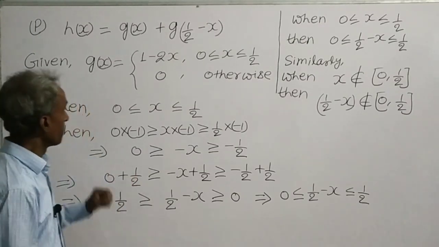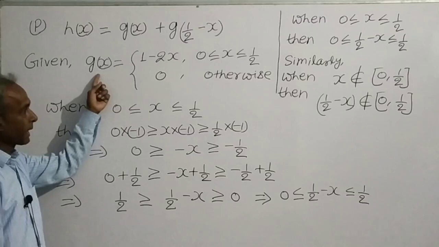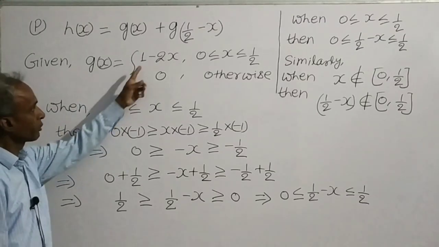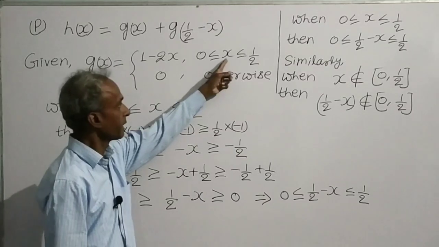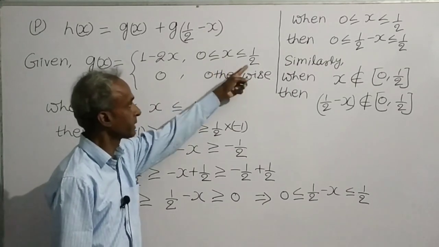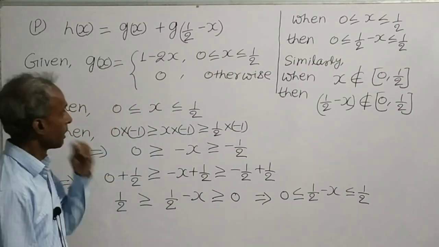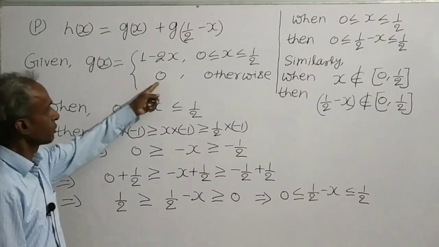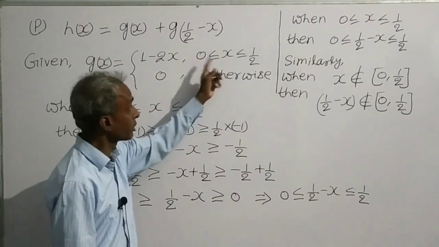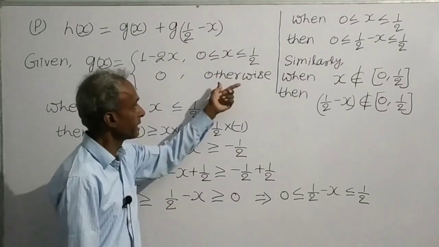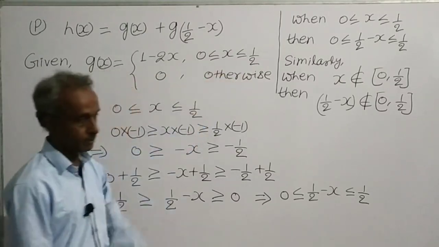It is given in the question that Gx is equal to 1 minus 2x when x lies in this interval, and Gx is equal to 0 when x does not lie in this interval, otherwise.